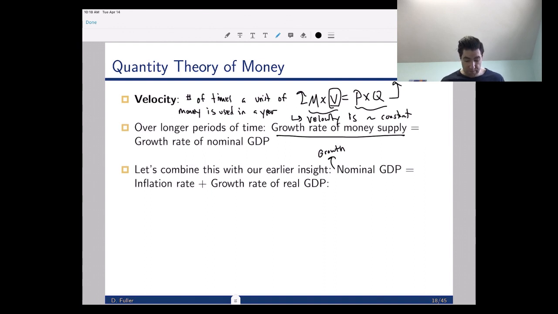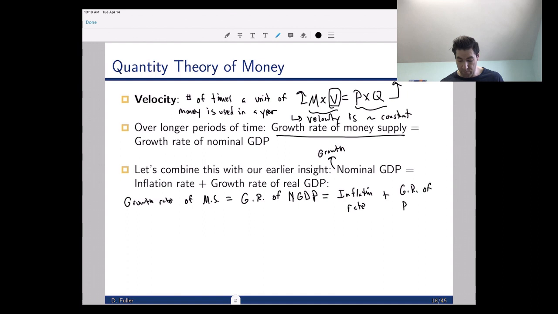So if I notice that the growth rate of the money supply equals the growth rate of nominal GDP, and that's equal to the inflation rate plus the growth rate of real GDP, I have that the growth rate of the money supply is equal to the inflation rate plus the growth rate of real GDP. And what I'm going to do is I'm just going to solve that for the inflation rate.